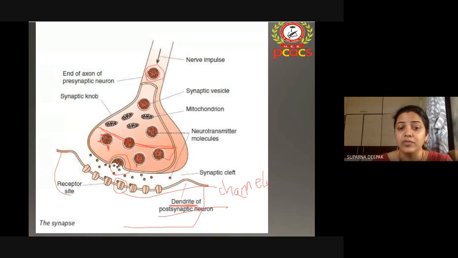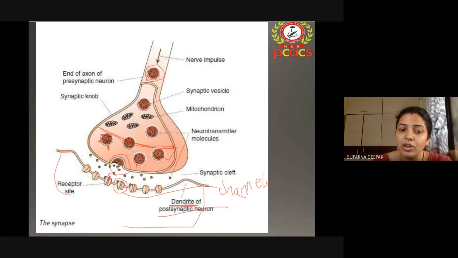Membranes, we know, are semi-permeable in nature, and charged ions require specific channels to pass through the membrane. They cannot diffuse on their own. So these receptors are associated with channels, so they are your receptor-associated channels.